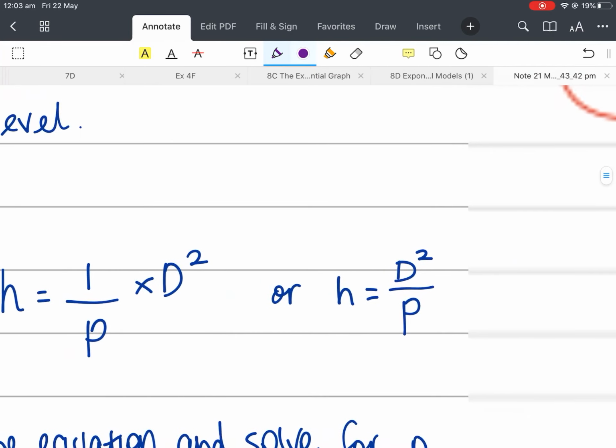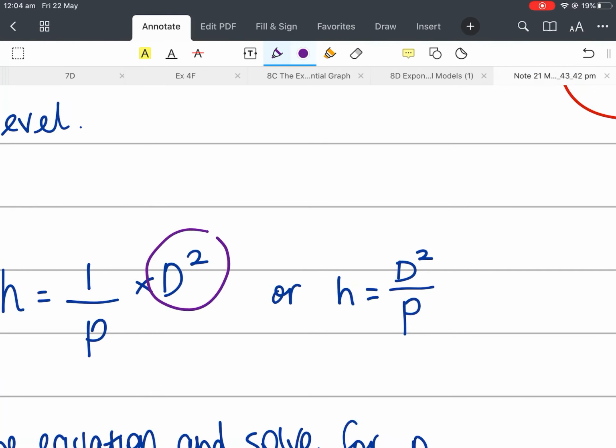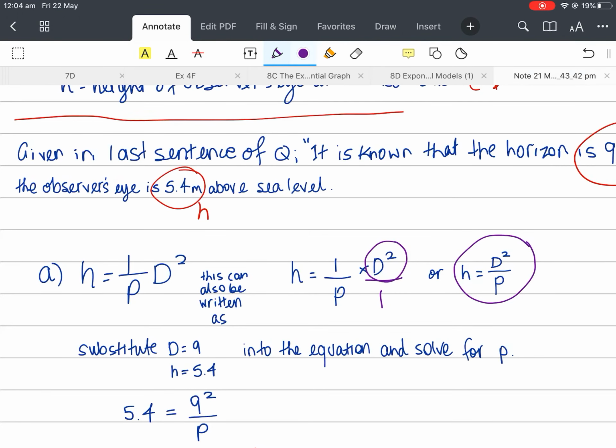See how my d squared is on top there? It's in the numerator, the same as being over 1. So the 1 times the d squared on the top becomes d squared in the numerator, and the p times the 1 on the bottom just becomes p in the denominator. So be aware it can also be written like this, and that might make a bit more sense to you. Now I'm going to substitute 9 for d, and 5.4 for h.